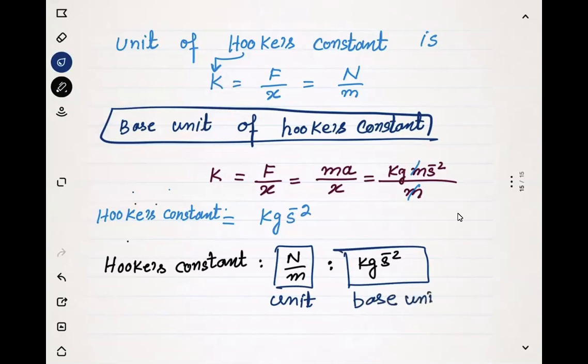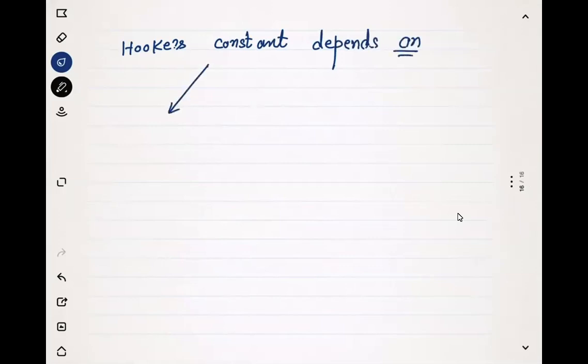If we want to understand Young modulus, first we need to understand the concept of Hooke's constant well. Hooke's constant is basically stiffness, but it is the stiffness of the object. So first of all, we need to understand that Hooke's constant depends on 3 factors in total: it depends on the material, the length, and the area.